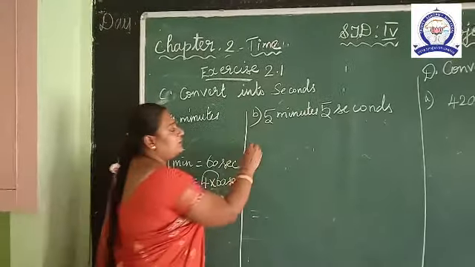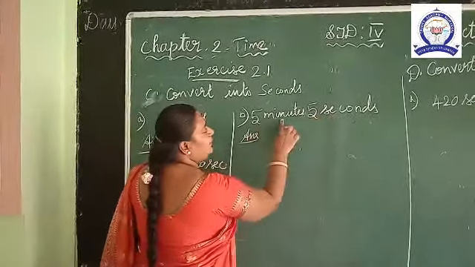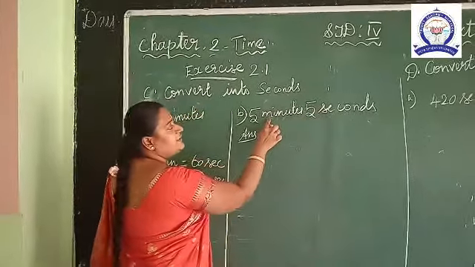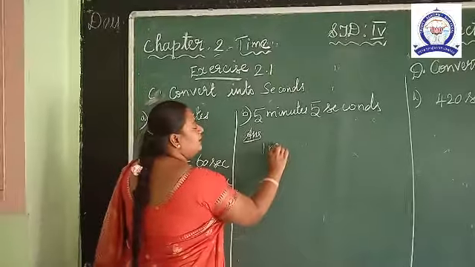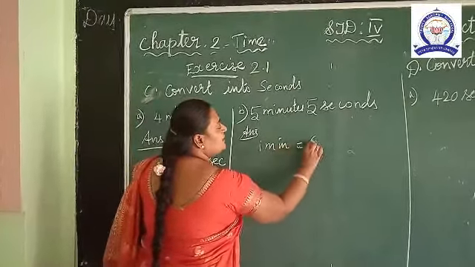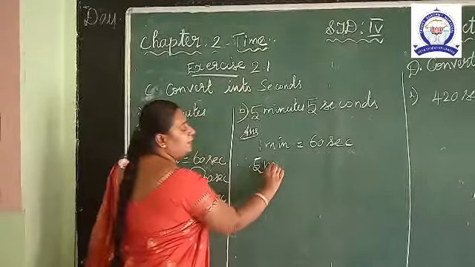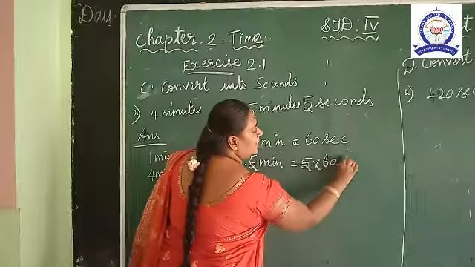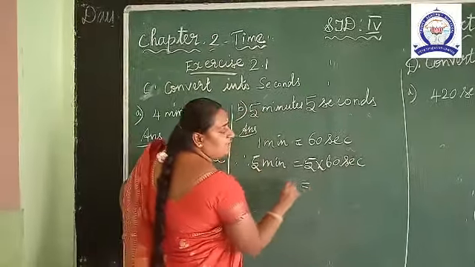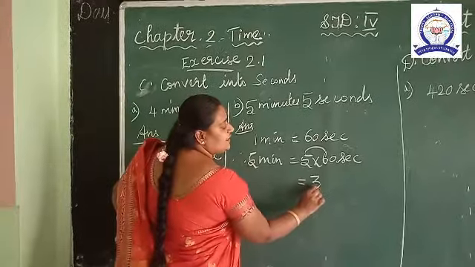See the B question. 5 minutes 5 seconds. Convert this 5 minutes into seconds. So 1 minute is equal to 60 seconds. Therefore, 5 minutes is equal to 5 into 60 seconds. 6 5s are 30.